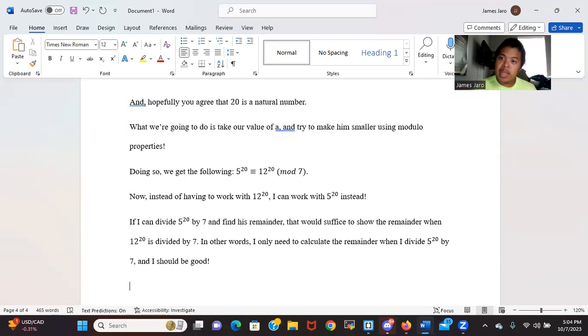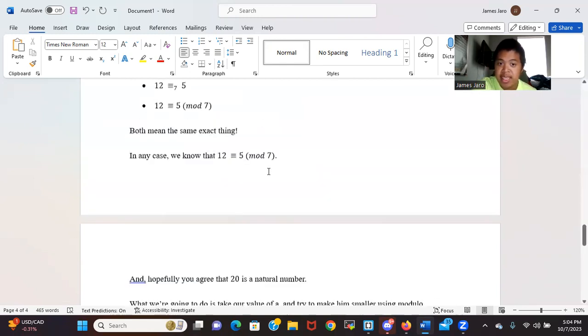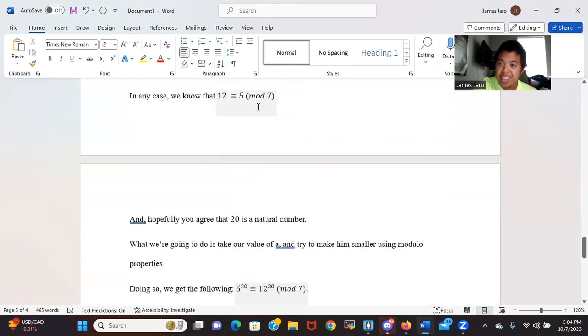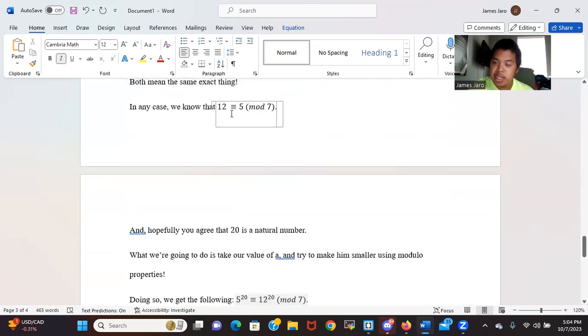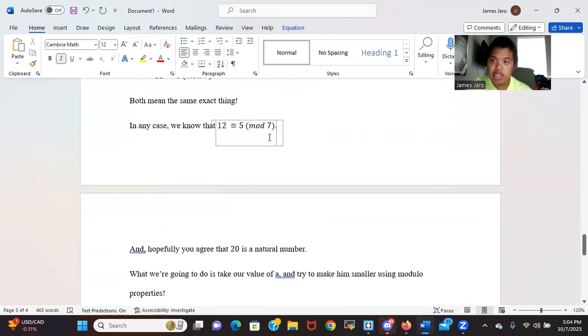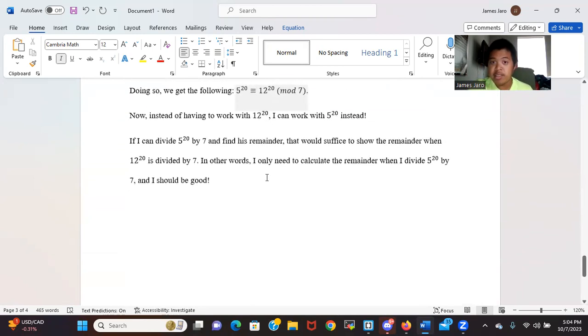So why do I bring this up? Well, notice that in order for me to go from 12 to 5, essentially I had to subtract 7, because 12 minus 7 is 5. Well, who says these numbers have to be positive? They just need to be integers, and integers include negative numbers and 0, right?